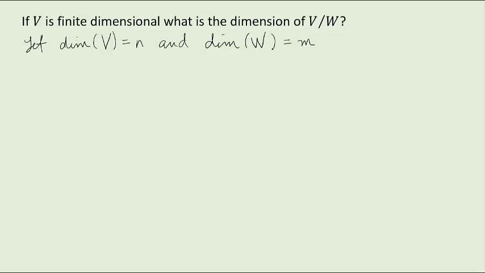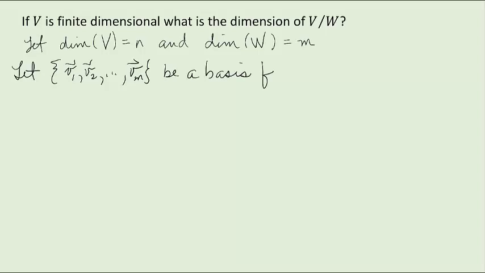We're going to start by letting this set be a basis for W. So we need m linearly independent vectors. Let's call them V1, V2, up to V sub m, be a basis for W.